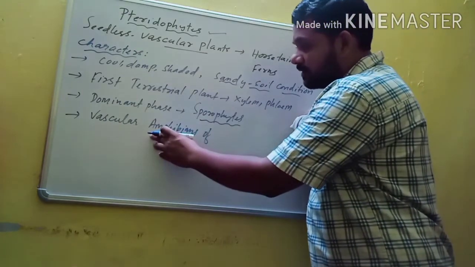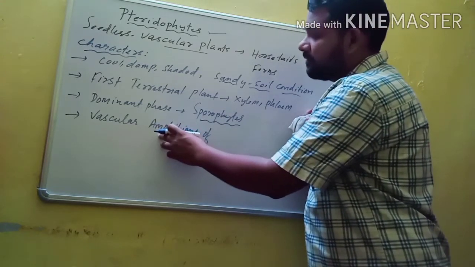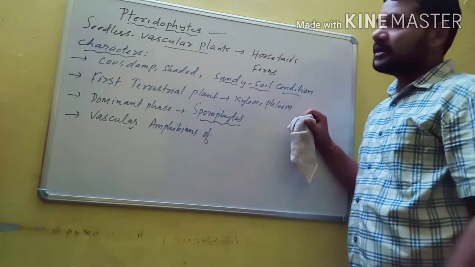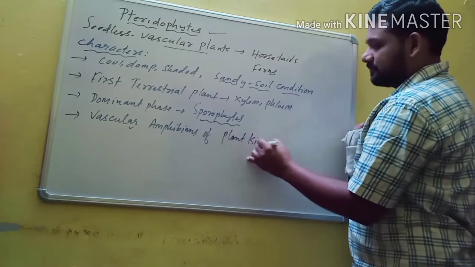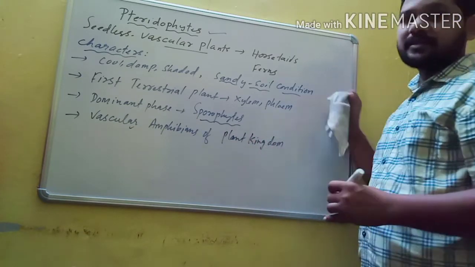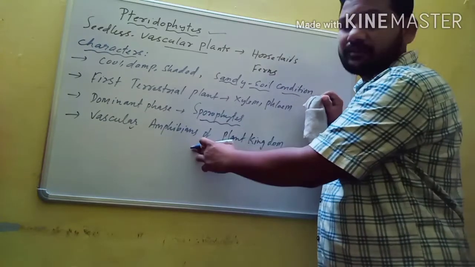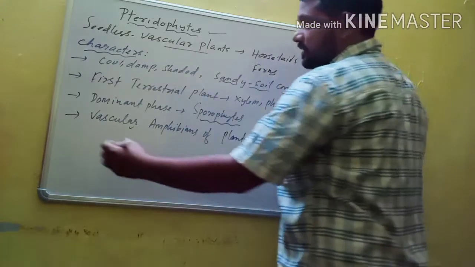If they grow in both conditions, they are said to be amphibians. Bryophytes are also amphibians of the plant kingdom, but these amphibians possess vascular tissues, hence pteridophytes are called vascular amphibians.